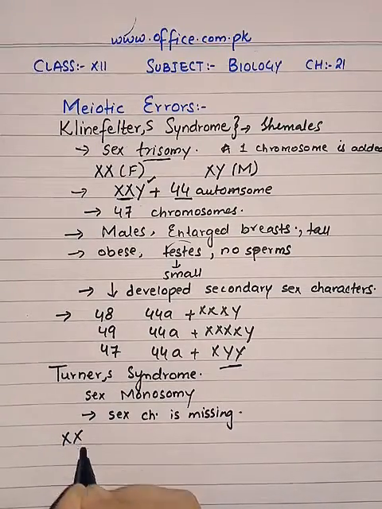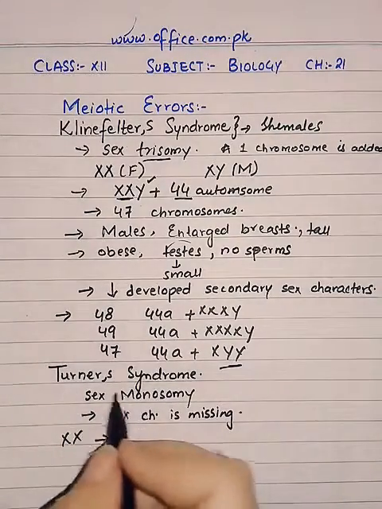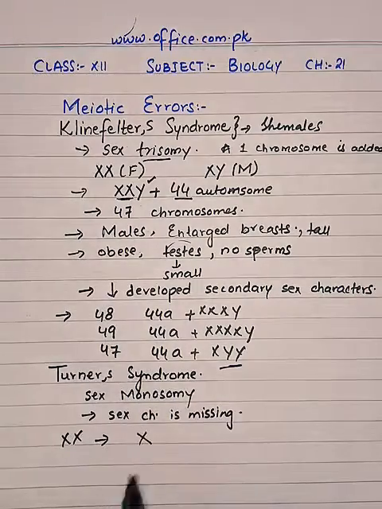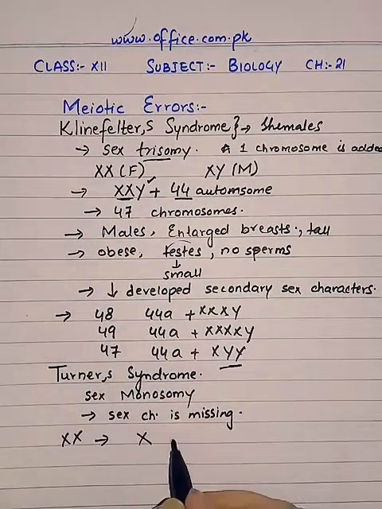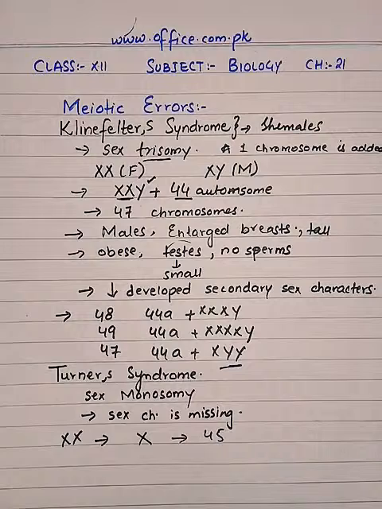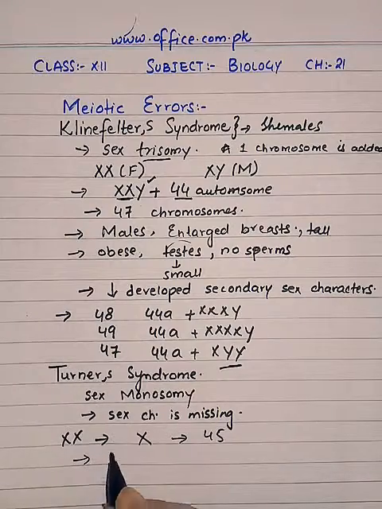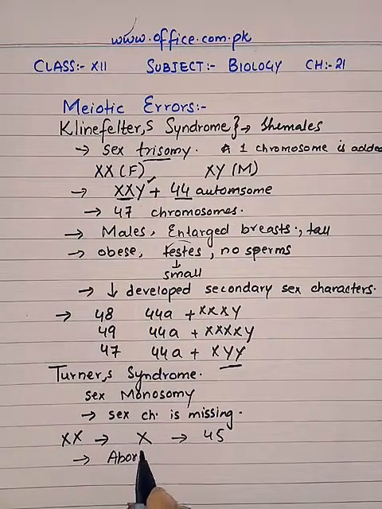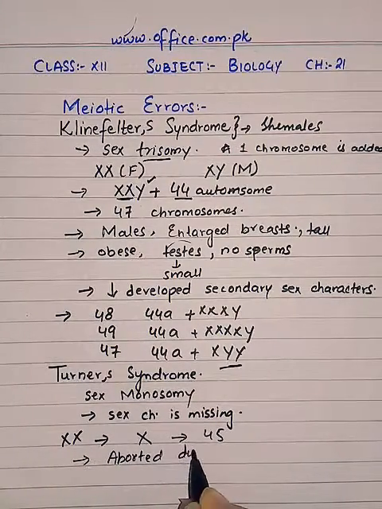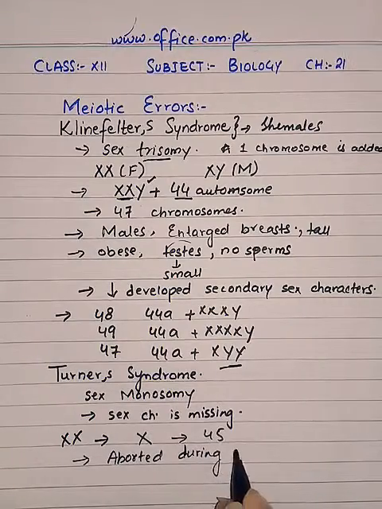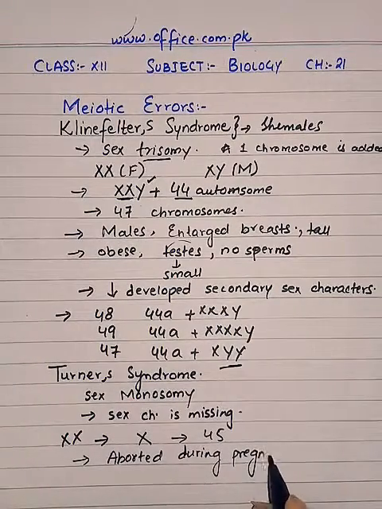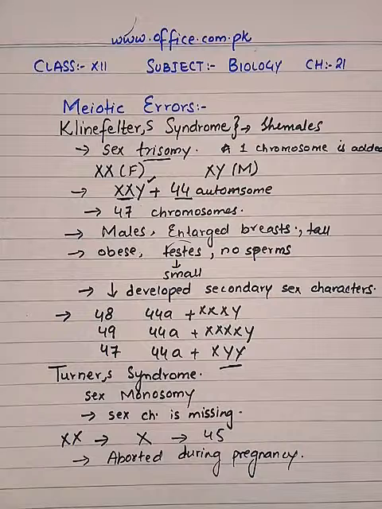Like in a female, normally there is XX, but if she is suffering from Turner syndrome, there will be only one X, and as a result the patient will have only 45 chromosomes. Individuals with this condition often do not survive the pregnancy. They are aborted or there happens a miscarriage.